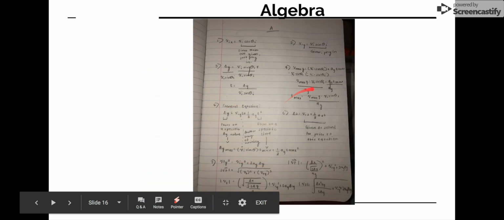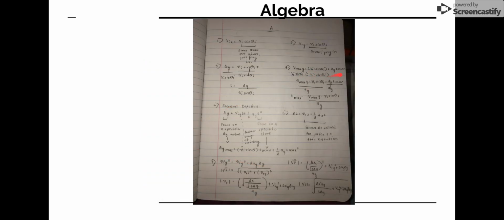So what I did was that I needed to get t max by itself. So I subtracted velocity initial times sine theta, and I got velocity max y minus velocity initial sine theta, and I needed to divide by acceleration in the y. So that's what I did there to get this value.